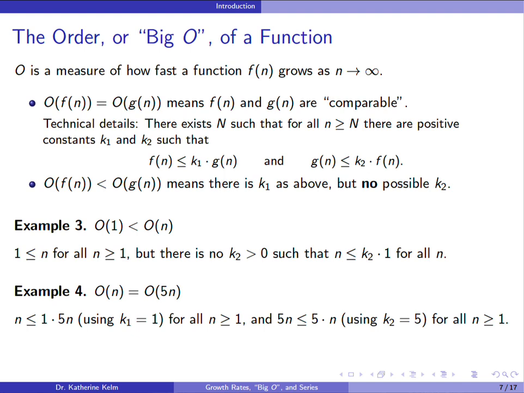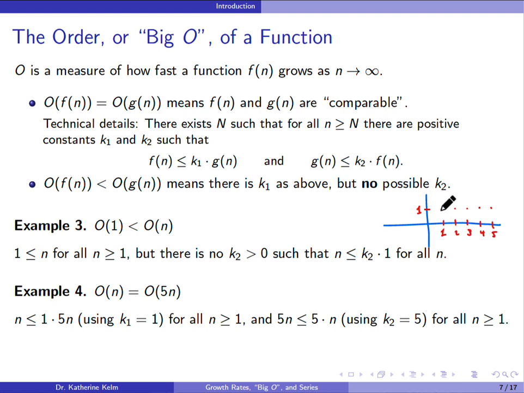So let's look at a couple of examples to try to get a feel for big O. Big O of 1 is less than big O of n. We know that 1 is less than or equal to n for all n greater than or equal to 1 if we compare the function 1. And notice I'm just drawing dots because we are thinking about series where the function's only defined for positive integers.